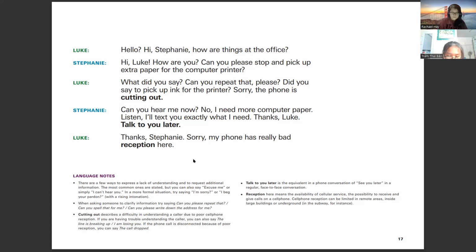If the phone call is disconnected because of the poor reception, you can say the call dropped. So this has happened to us before. I'll be teaching you, and sometimes I all of a sudden disappear. That means the call dropped. Your signal just hit a dip and it's not keeping you connected anymore. I lost you.